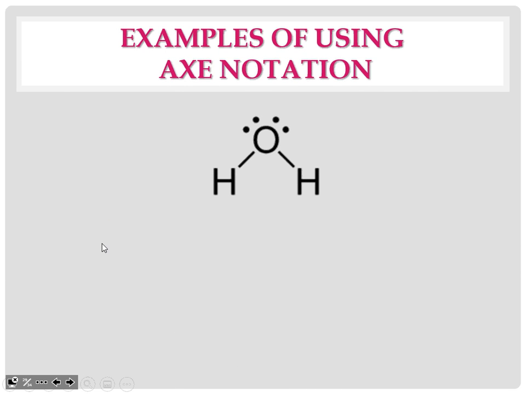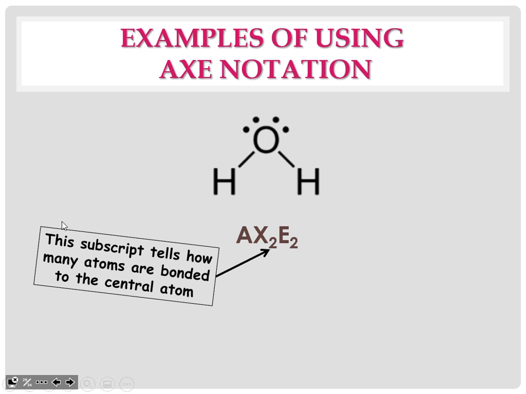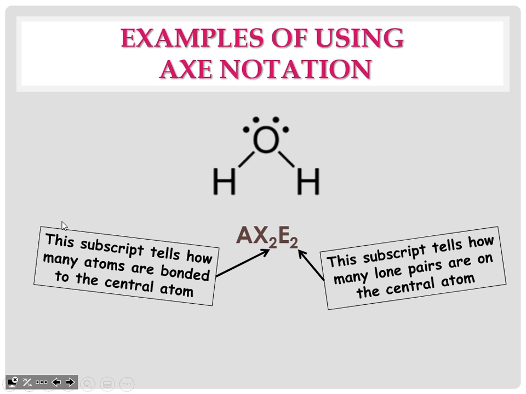Now I'm going to look here at water again. So water, when I go AXE, I have AX2E2, and this tells me, okay, that I have two bonding pair and I have two lone pair. So AX2E2 tells me that I have a bent shape.